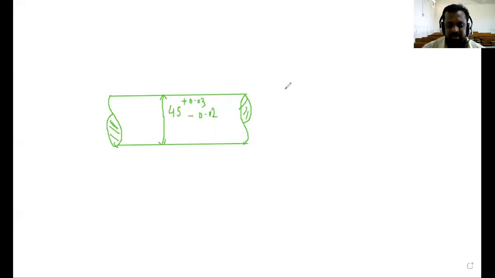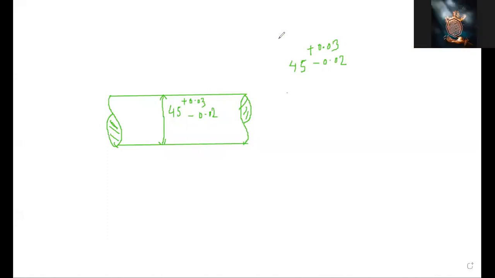Now we have to manufacture the shaft. Please tell me what the upper limit is here. First of all, tell me what is the basic size? 45.